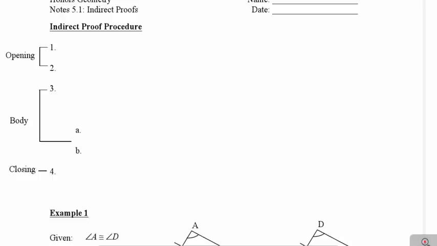We always start with some sort of opening, and in this opening, we start first by saying what our two possibilities are. So we always start with "either," and then usually we write what we are trying to prove, or the opposite of what we are trying to prove. Those are really the only two possibilities for proofs.